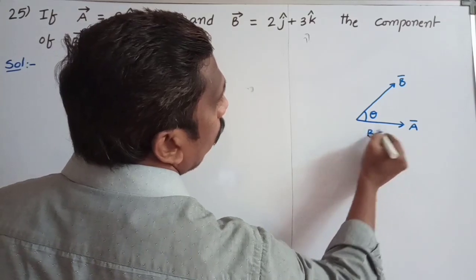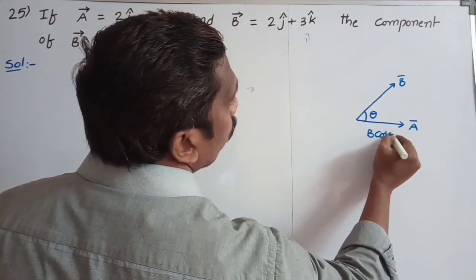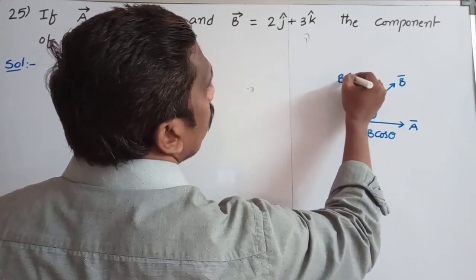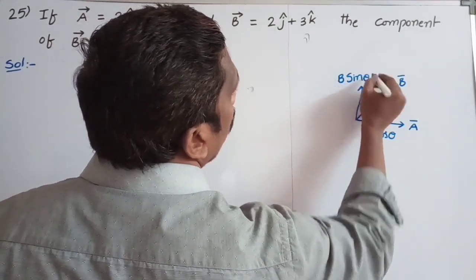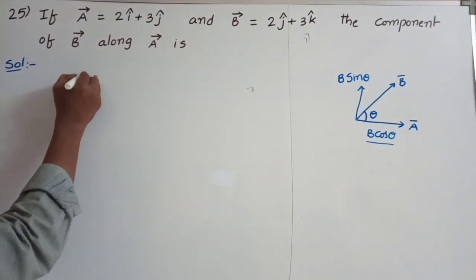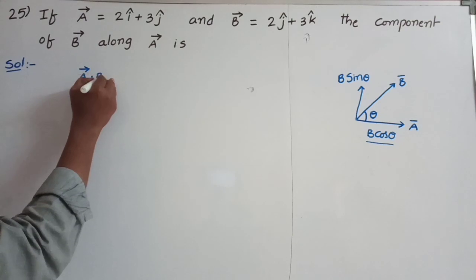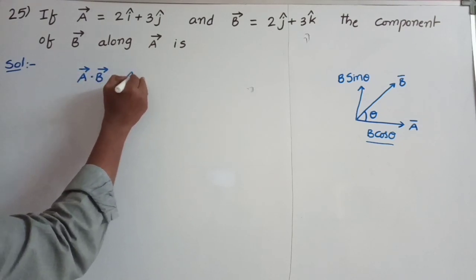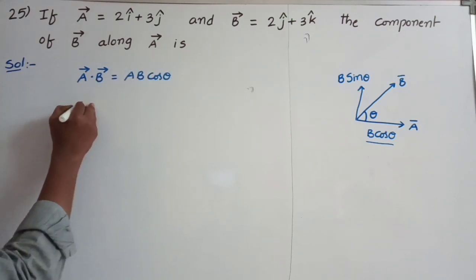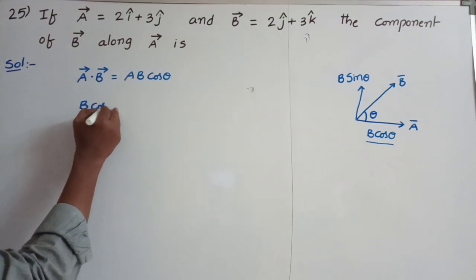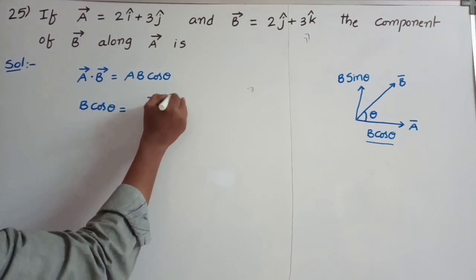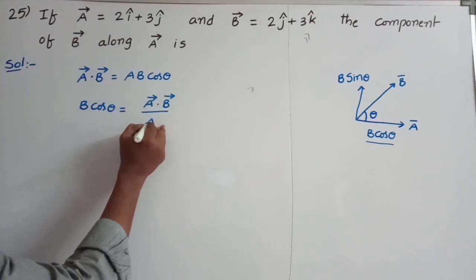The component along the a bar direction is b cos theta and perpendicular to this one is b sin theta. Now we have to calculate b cos theta. From the dot product, a bar dot b bar is equal to the formula ab cos theta. From this, b cos theta is equal to a bar dot b bar by a. A means magnitude of a.